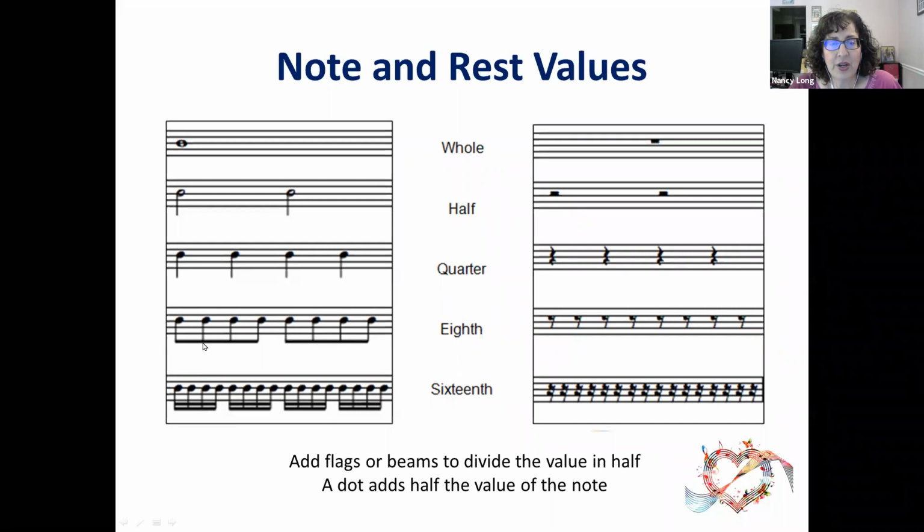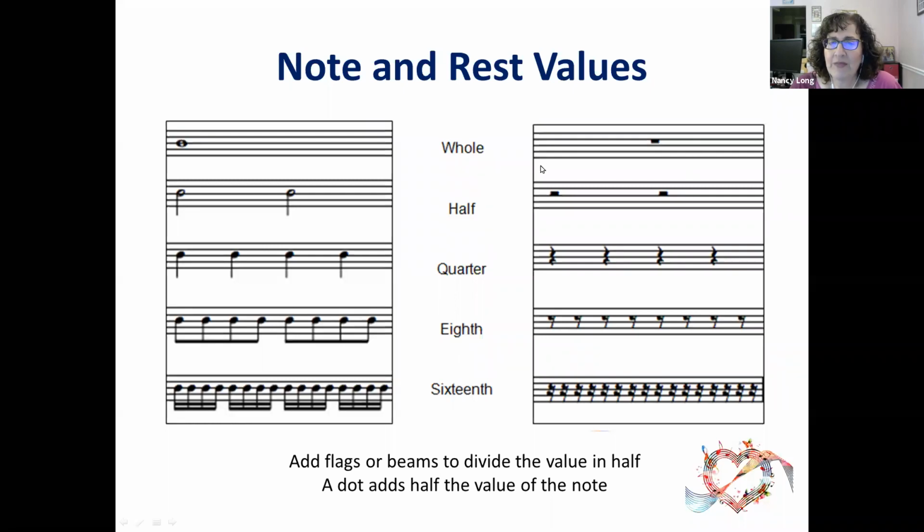So 4 16th notes equals the same value as 2 eighth notes equals the same value as 1 quarter note. You can add more flags or beams. I have seen 32nd and 64th notes in some classical music. I don't think you'll ever see that in Orthodox music, but who knows?